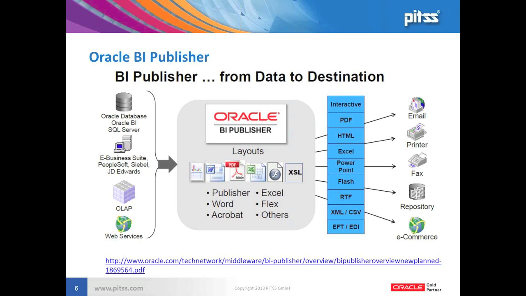And this is very important, as we can design for many output formats, as seen in the blue column, and also for a lot of distribution channels on the right side.